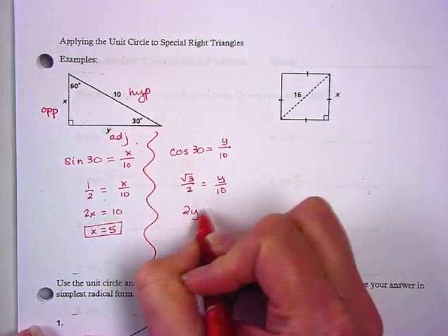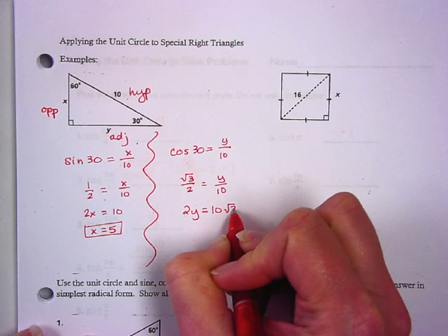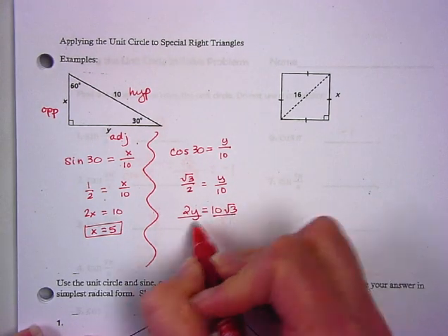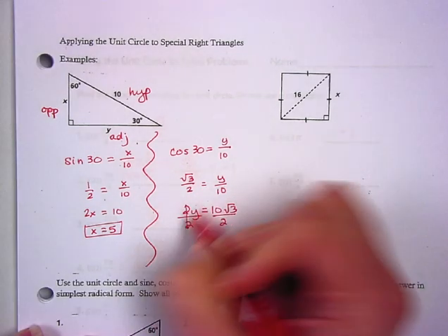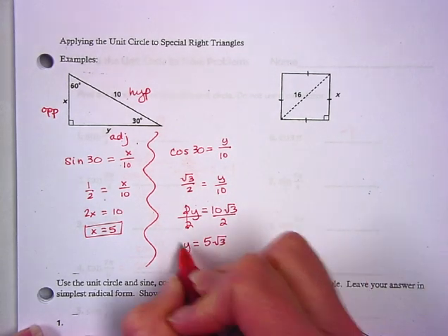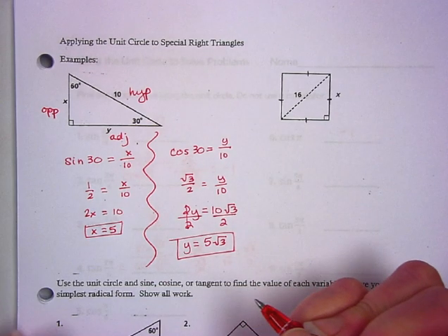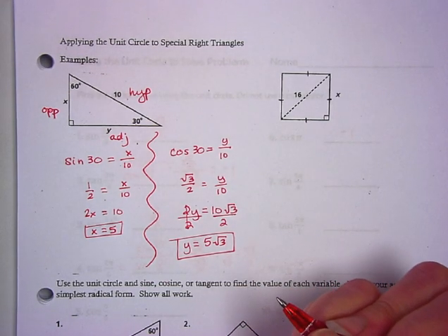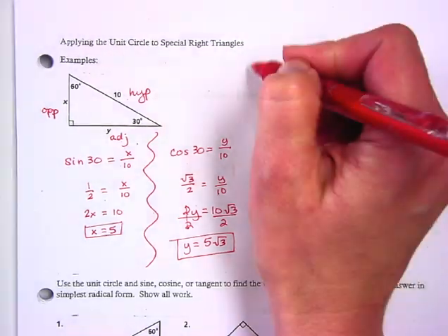So 2y equals 10 times the square root of 3. Divide by 2 on each side. y is equal to 5 times the square root of 3, which is exactly what we got the other way. I mean, it just all works together.